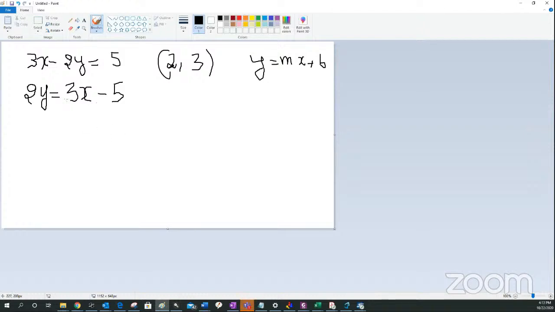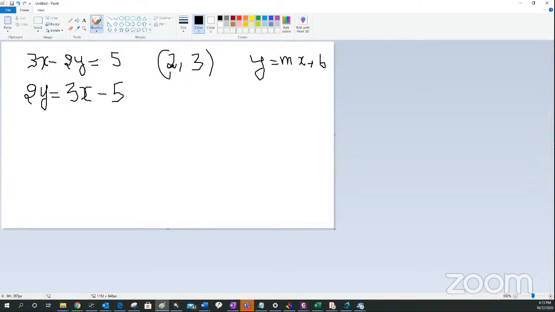Also, you can multiply each section by negative as well, so you can do it this way too. On that one, we need a y, so what do you do? You divide everything by 2, right?